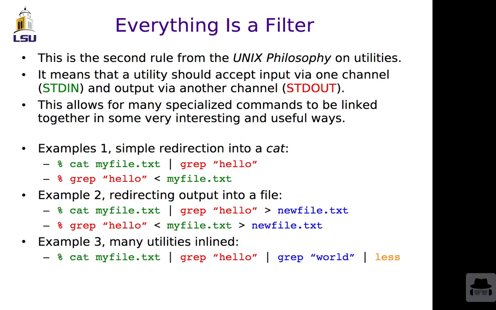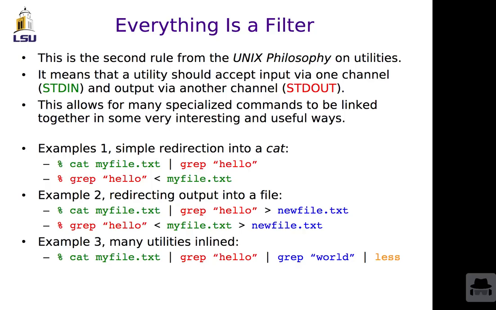So in this example here, you're dumping the contents of myfile.txt into grep, and in grep, rather than dumping its results to the screen, which is called standard out, it is redirecting all of whatever is in standard out to new file.txt. So if you want to take all lines in myfile.txt that have the string hello, and put them in a new file, this is how you would do it.